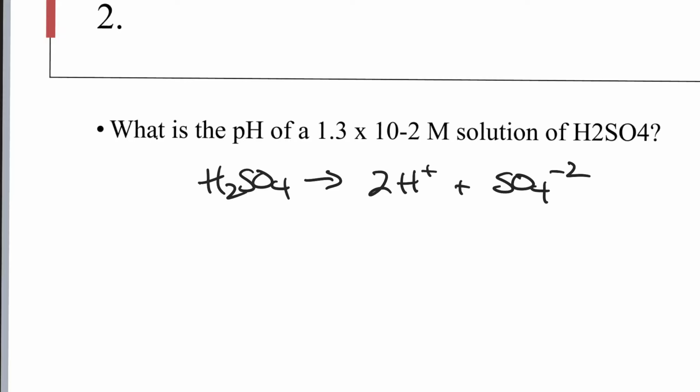All right, so there's a couple of things that we need to look at here. Remember, we're looking at the concentration of this, but what do you notice when you look at the mole-mole ratio between this and this? For every 1 mole of sulfuric acid that dissolves, you make 2 H pluses.